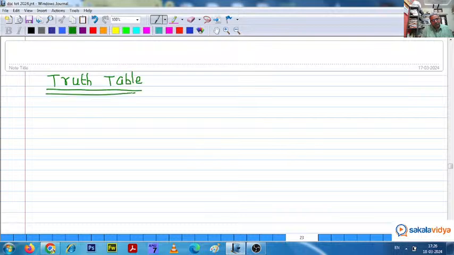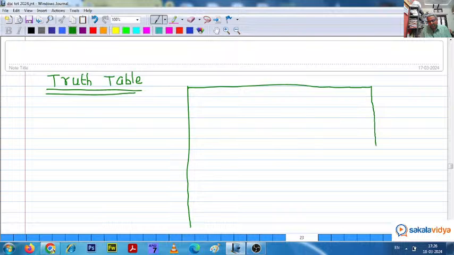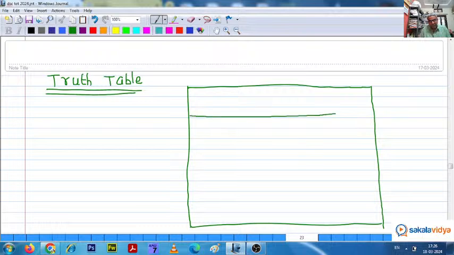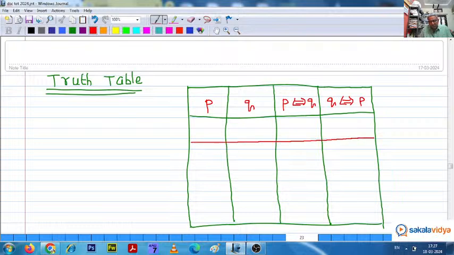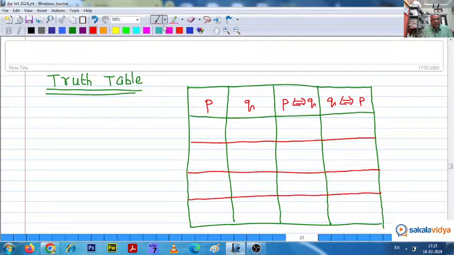This is P, this is Q, P if Q and Q if P. Let us consider four cases.